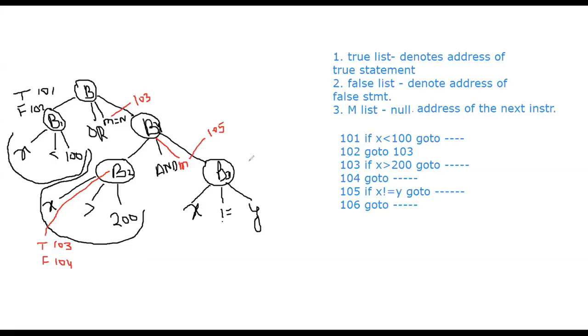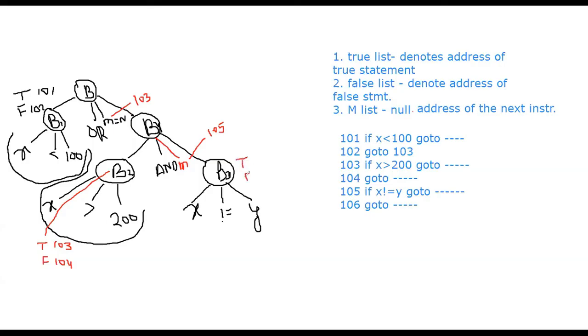We need not check B3 then, right? Because in AND, if even one condition is false, you will come out of the loop. So if the B2 is true, then we have to execute B3. Where is the B3 written? At 103. So that is why the M list will contain the address of the next instruction, and that is 103. Fine.